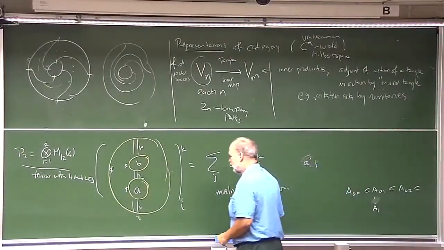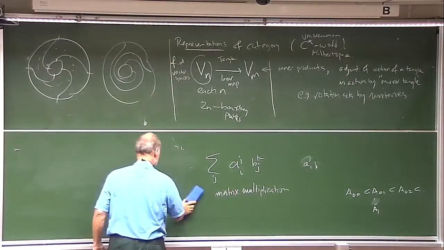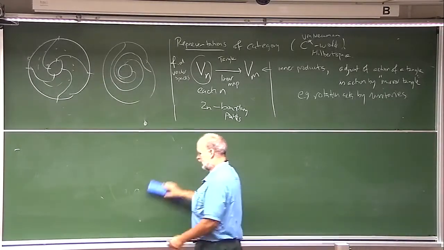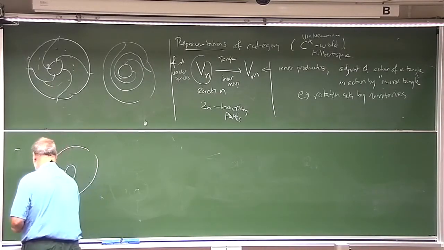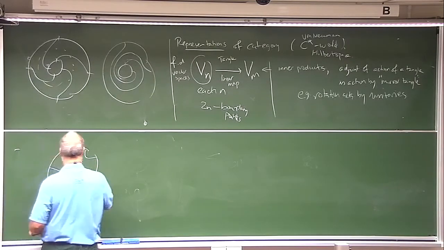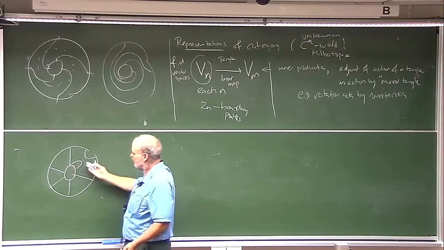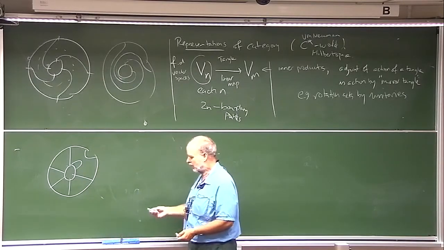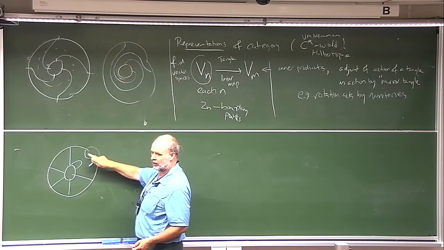If you take a tangle like this, then this is self-adjoint. If you reflect this one around, you get the same thing. So this tangle is actually a projection. It's an idempotent up to this factor of delta. If you compose this with itself, you'll pick up this factor of delta.